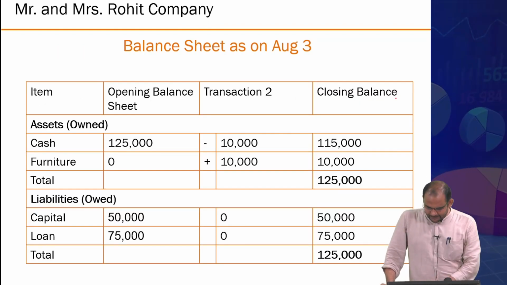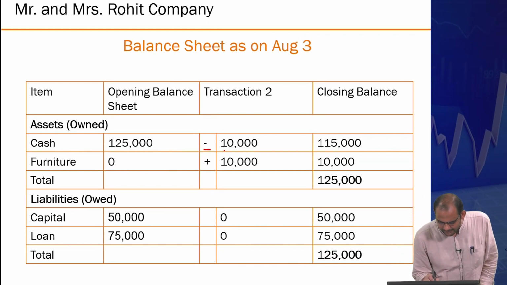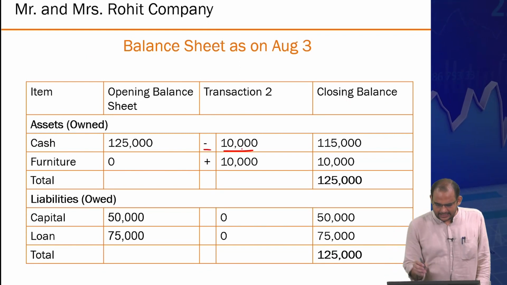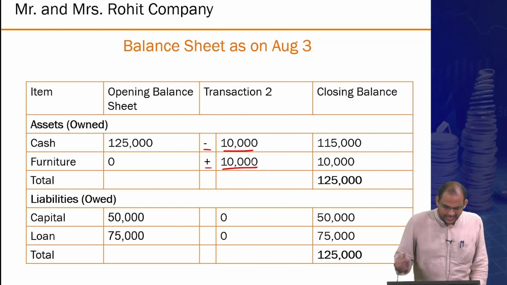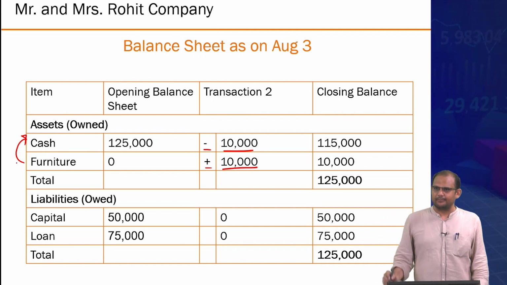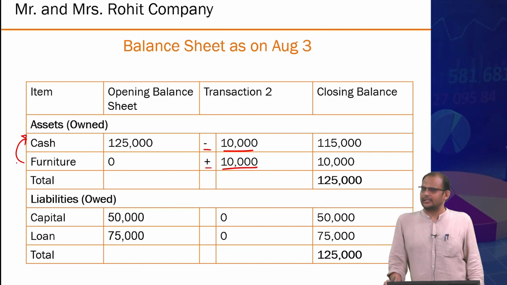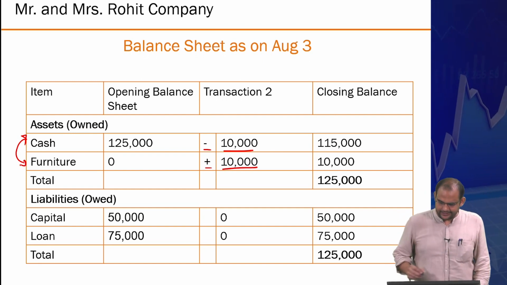So in this particular case, of course, there is a cash depletion by 10,000 rupees, and there is furniture, which is a new type of asset. Actually, furniture should come on top, not at the bottom, because furniture is less convertible. So this should come here. This is a mistake in here, but good.